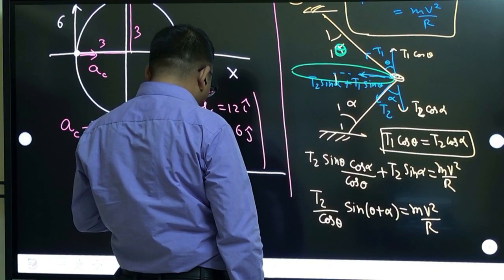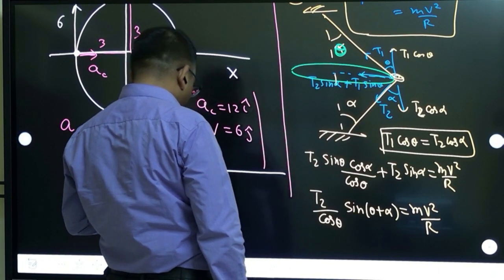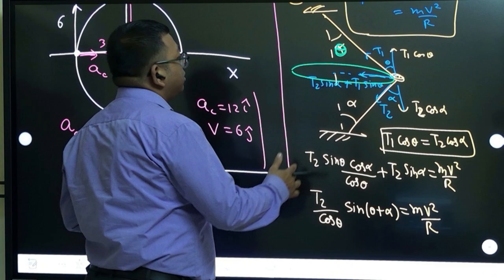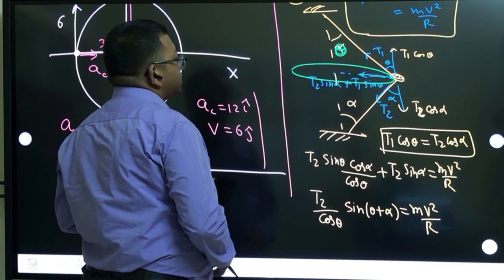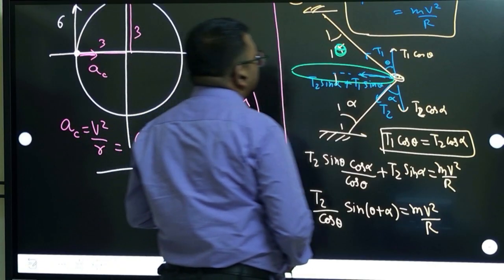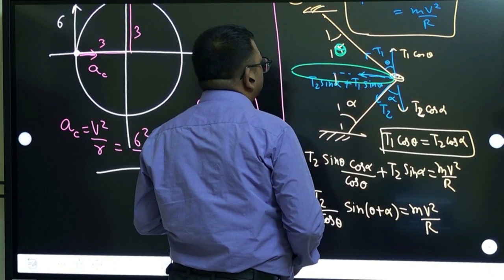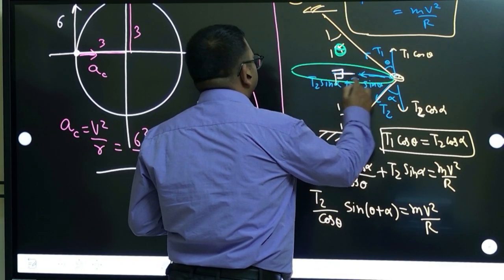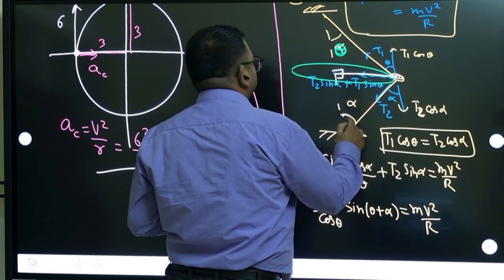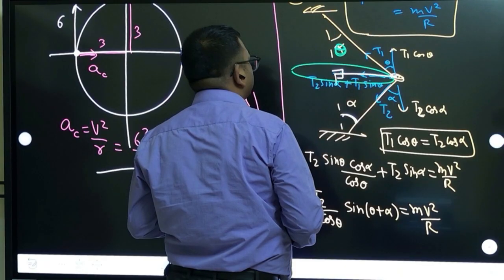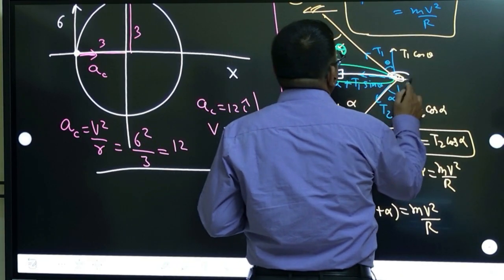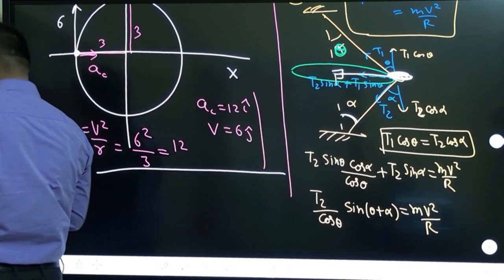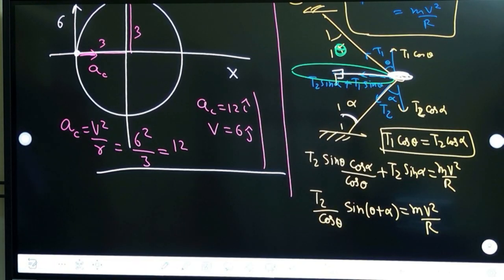Is theta greater than alpha possible? Yes. How can you decide? Because this is 90 degrees, this is also 90 degrees. Or is it a symmetric condition?